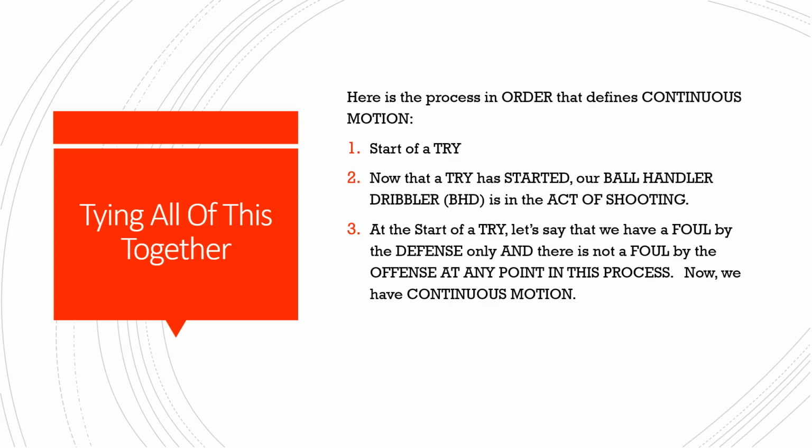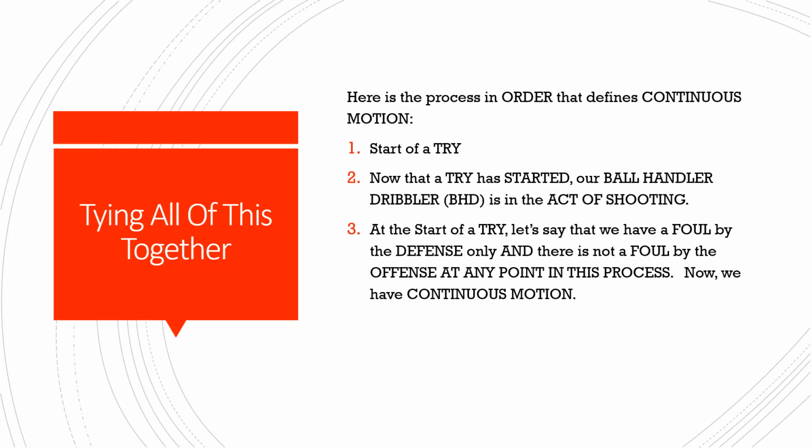As we've learned by rule, in the act of shooting with the start of a try, the ball handler dribbler can still possess the basketball. They can still be holding the basketball. At the start of a try, let's say that we have a foul by the defense only, and there is not a foul by the offense at any point in this process. Now we have continuous motion. I hope this makes this clear.